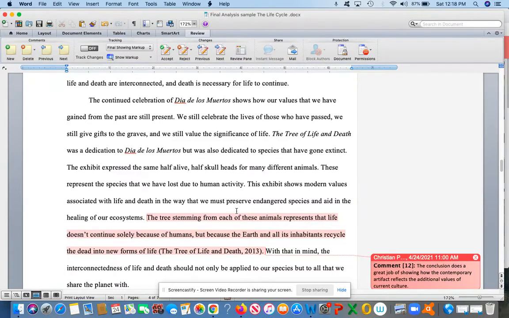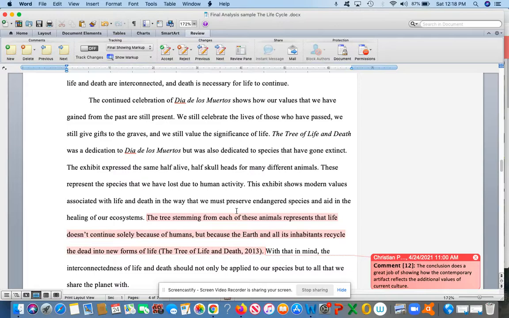So I think that's kind of perfectly what I'm looking for in this particular project, that you find something that we have today in our world, you tie it back to several different cultures that we've looked at, looking at the similarities, looking at the differences across different genres, different types of artifacts, and then pointing out what's evolved in this thinking, right?